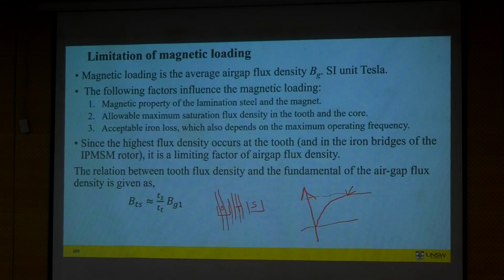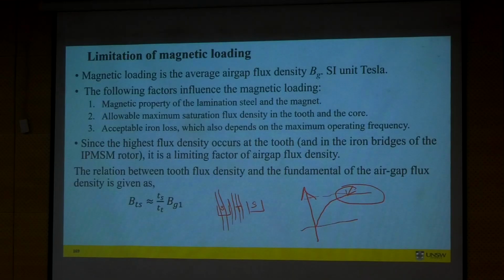Also, if it is highly saturated, your machine may not perform as you are expecting because it is moving toward this non-linear region, right? So you may start seeing a lot of non-linearity in your performance that is not matching with what has been predicted, okay? So you want to avoid too high saturation. So there is a limit on how much saturation you should allow in your tooth flux density, okay?